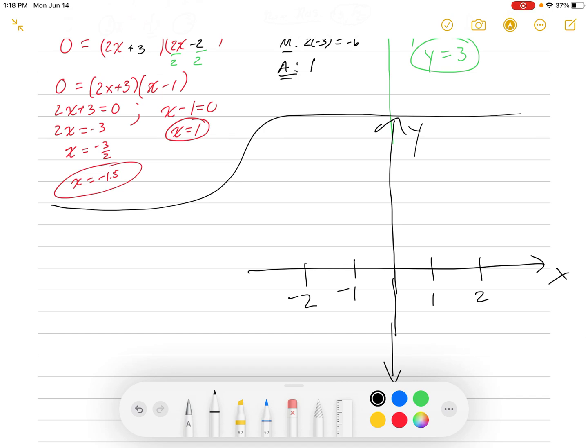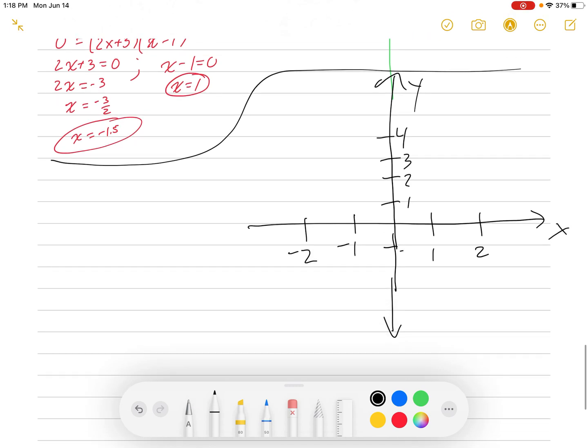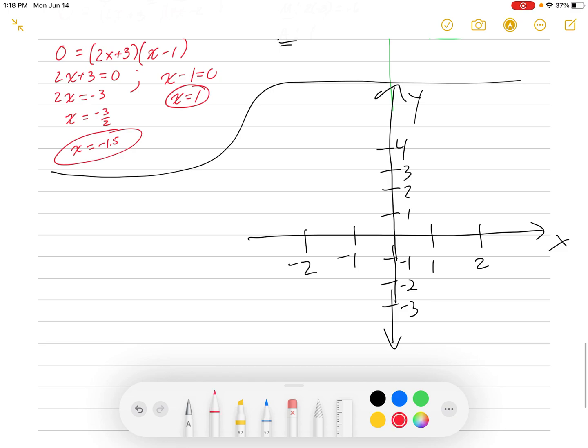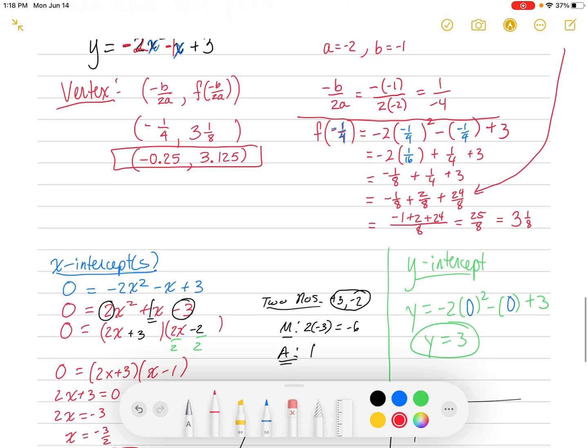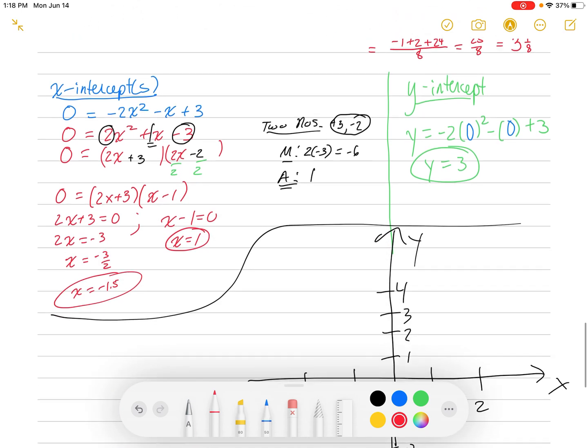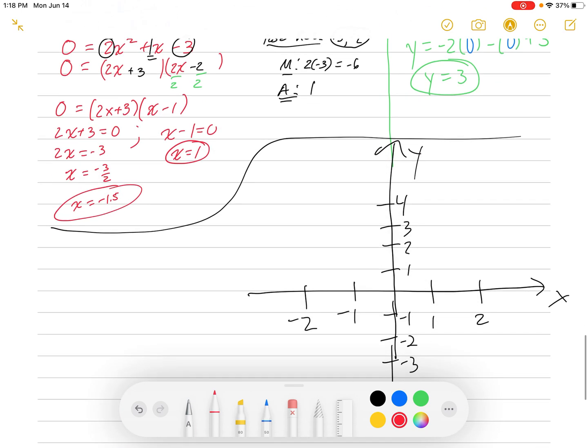So I'm going to, let's say this is negative 1, negative 2, 1, 2, 1, 2, 3, 4. Not with a good scale, but anyway, minus 1, minus 2, minus 3. So starting with the vertex. The vertex was minus 0.25 on the x and 3.125 on the y.